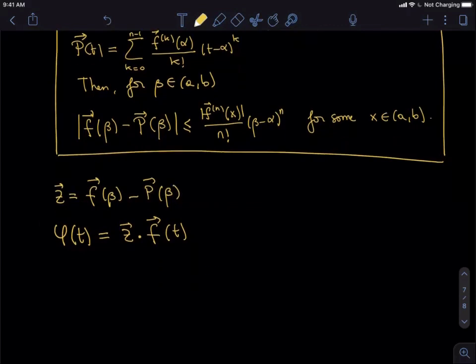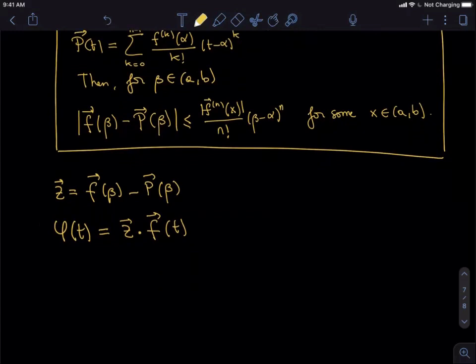All right, so once I have defined it this way, then I can apply Taylor's theorem and say, well, phi of beta minus the Taylor polynomial for phi around alpha, evaluated at the point beta, is given by the theorem.